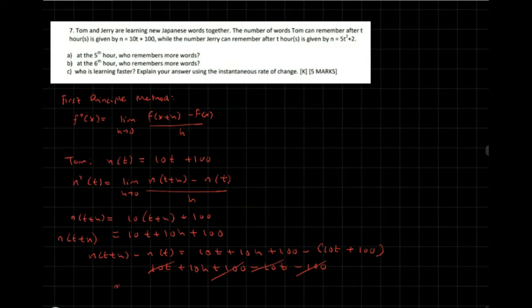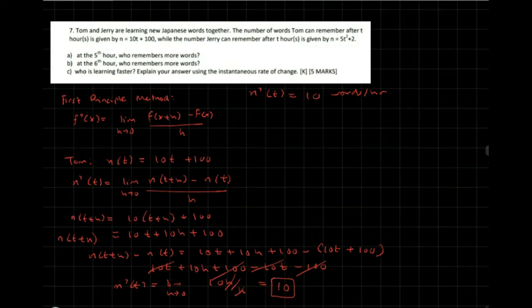So this is the numerator, so n'(t) is equal to the limit as h approaches 0 of 10h over h, and you can see that the h's cancel out, and this is equal to 10. So the rate of change for Tom is a constant 10 words per hour.